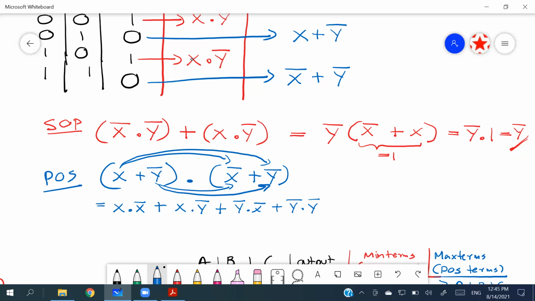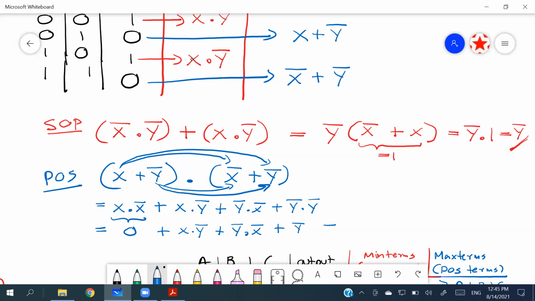Right? Then what happens? X dot x bar, we know it is 0, plus x dot y bar plus y bar dot x bar plus y bar, because y bar dot y bar is y bar.